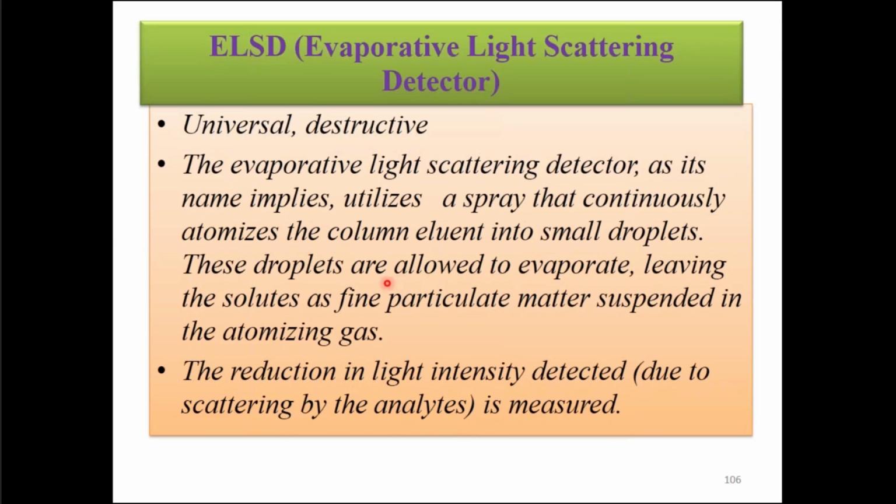So in the fluorimetric detector, it was the fluorescence phenomenon. In UV visible, it was absorbance being measured. And in this, it is the scattering phenomenon that will be measured. When you have particulate matter and light is falling on a particle whose size is smaller than the wavelength of radiation, then the light will be scattered.